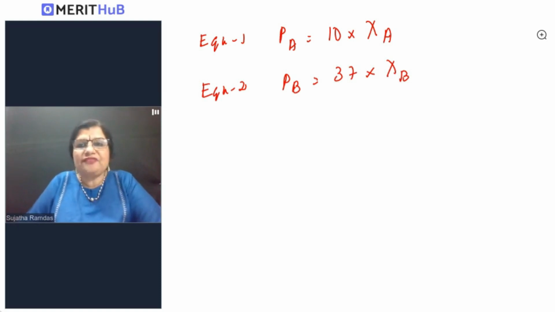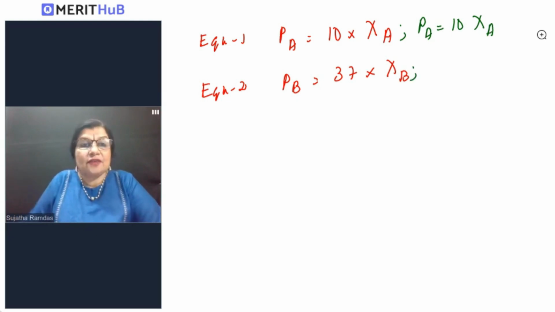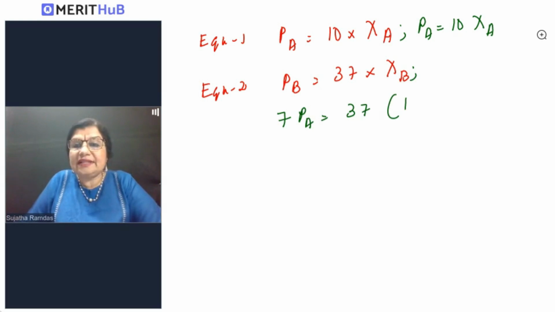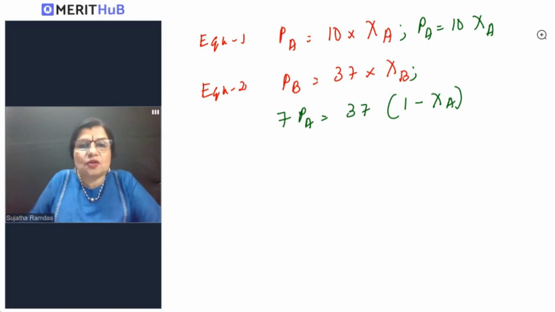Okay, let's modify this further. The modified equation I shall write here. This will remain as PA is equal to 10 into mole fraction of A, but this can be rewritten as, we found out PB is equal to 7 PA is equal to 37 into 1 minus mole fraction of A. Now let's divide equation 2 by equation 1.